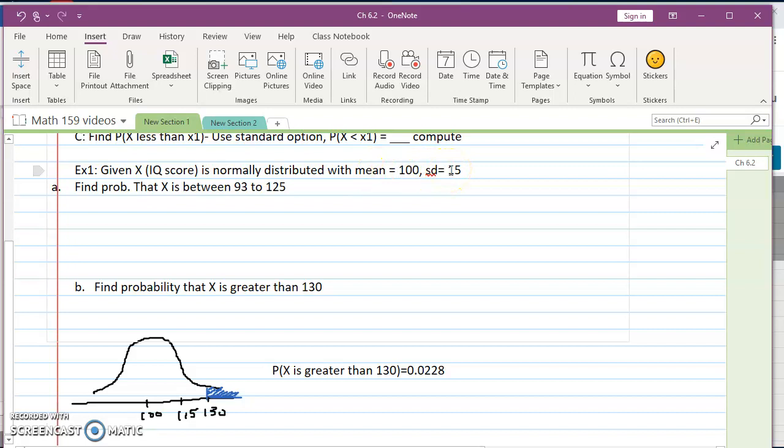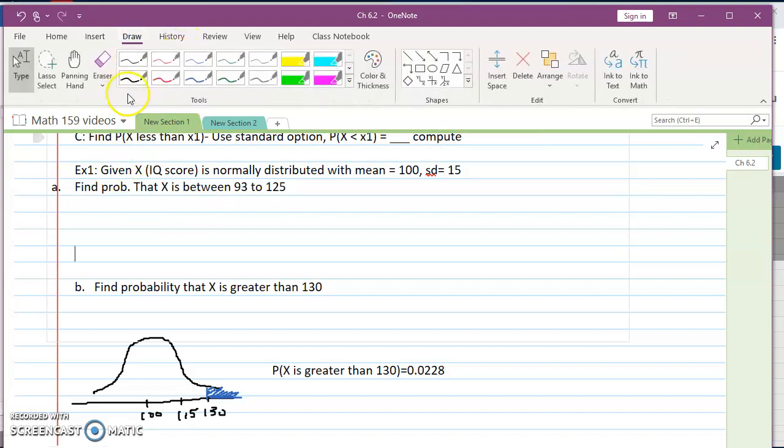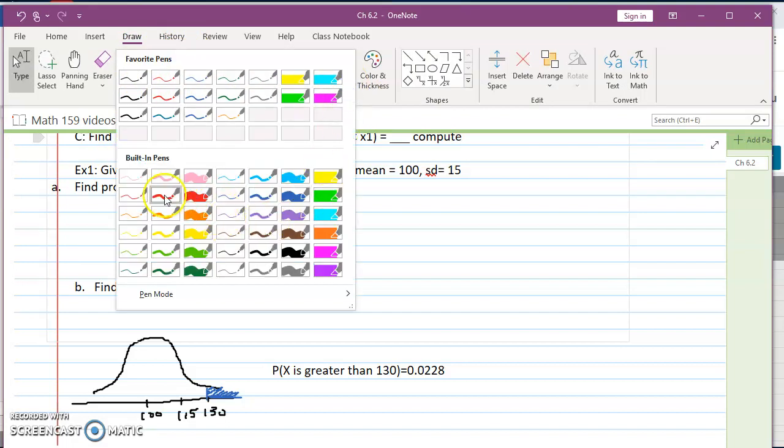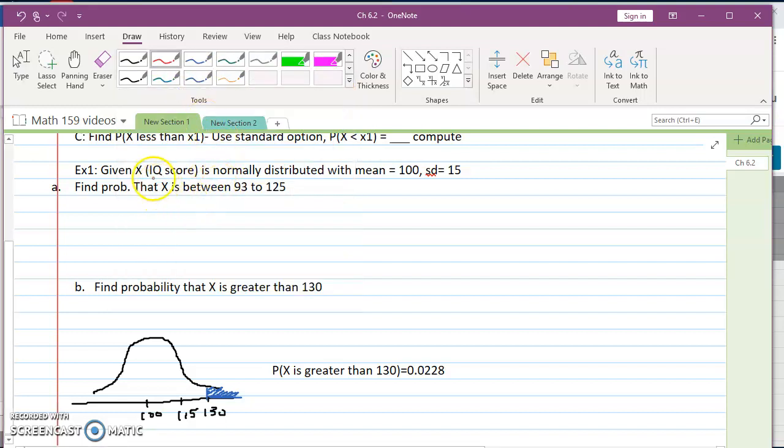So there's a few things that you need to pay attention to when you are given a question like this. Let's do a red pen. You will look at that it is normally distributed.